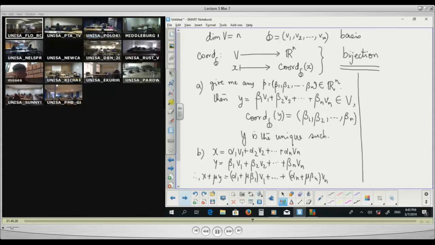And e to the power x plus mu times y is e to the power x times e to the power y to the power mu, which tells me this is a bijective linear transformation.